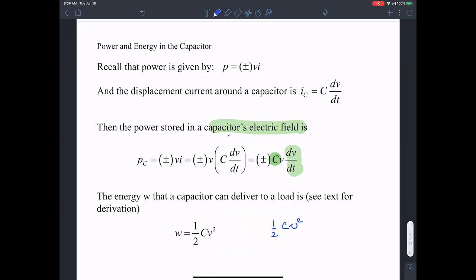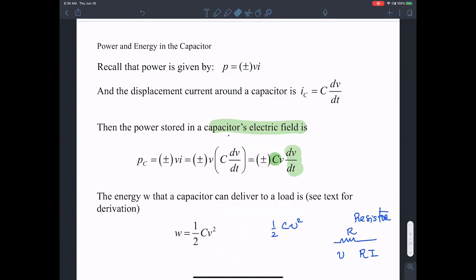A resistor had a resistance R. The voltage across the resistance is proportional to the current, and the constant of proportionality is resistance.